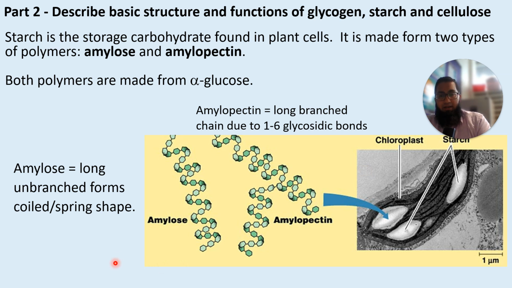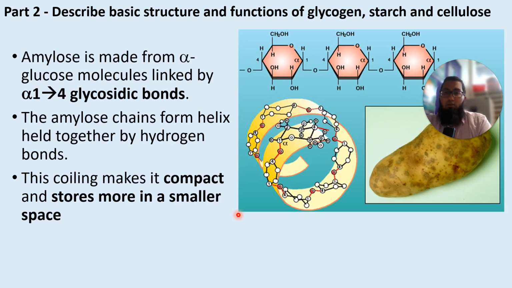So let me quickly talk about amylose. Okay. So amylose, we said that obviously is made from alpha glucose. Now all of the links are 1,4 glycosidic bond. I'm showing you here an amylose. Obviously it's coiled, but I uncoiled it to make it into a straight chain. These are 1,4 glycosidic bond. So the amylose forms like an alpha helix.